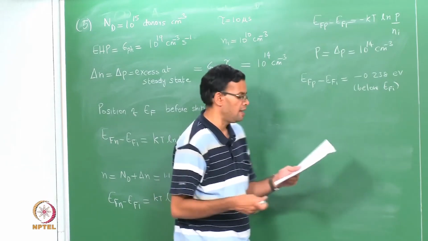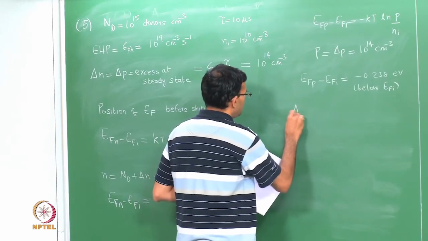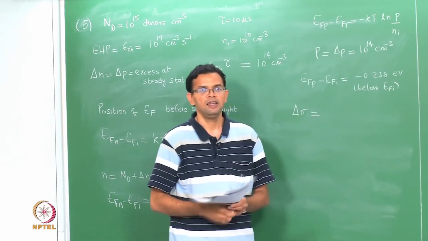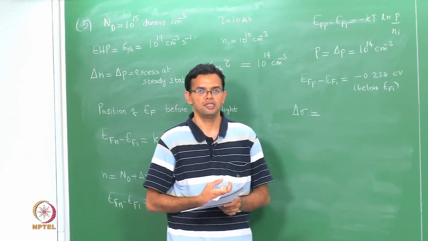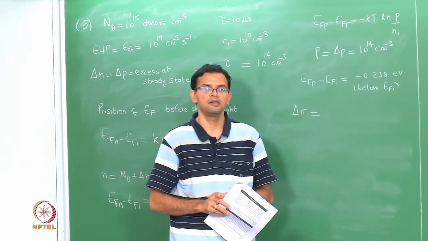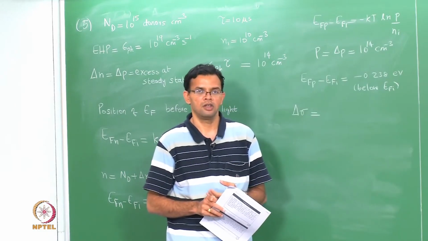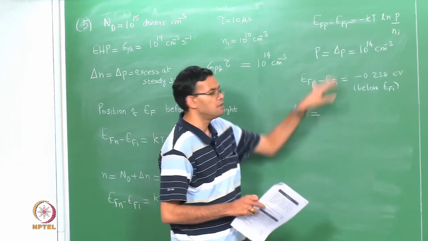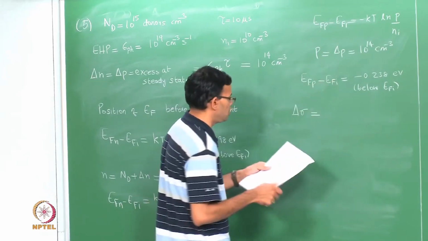We now want to calculate the excess conductivity delta sigma. So, we find that there is only a small increase in the electron concentration, but there is a drastic increase in the hole concentration. So, the change in conductivity will be more or less driven by this excess hole concentration.